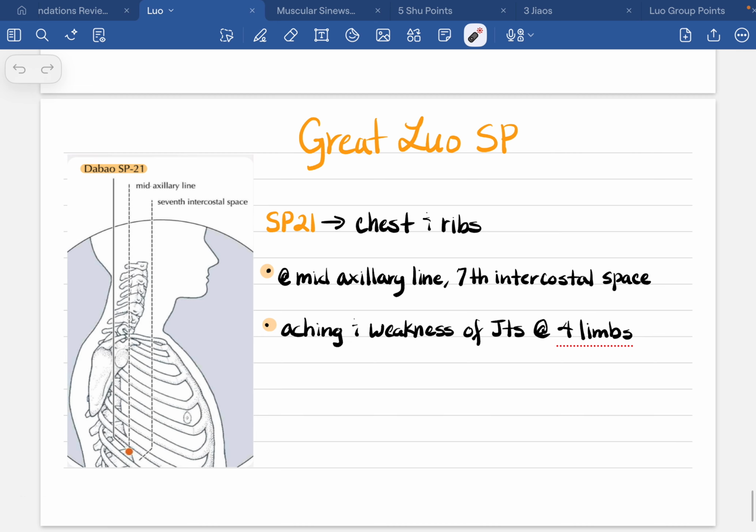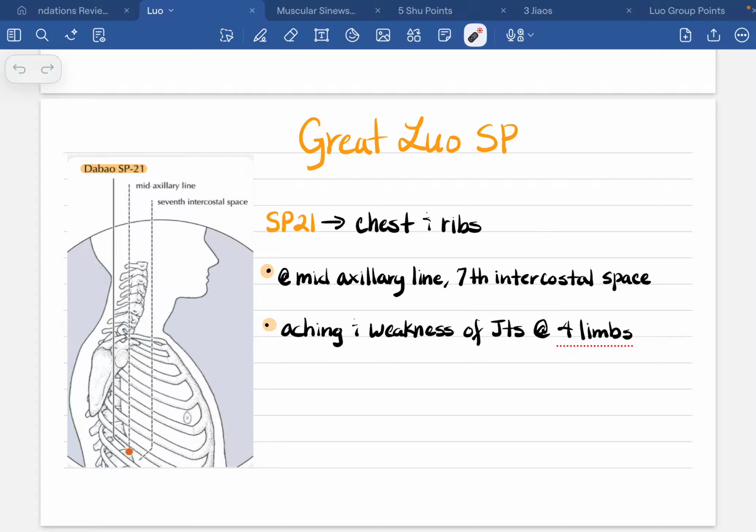Now we're on to the last one, great luo of the spleen, which is spleen 21. It spreads to the chest and the ribs. If you see where the location of spleen 21 is, it's right around your armpit, right? And it goes 6 soon down to the side of your rib area.